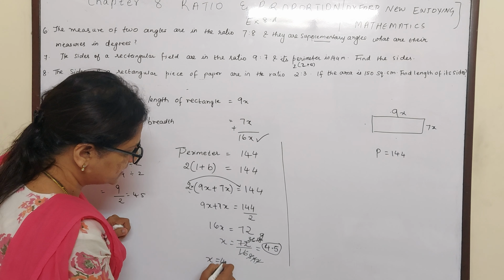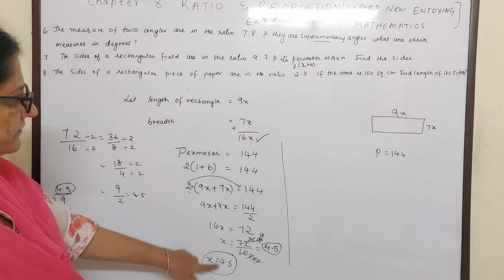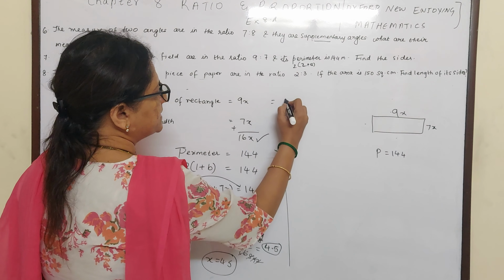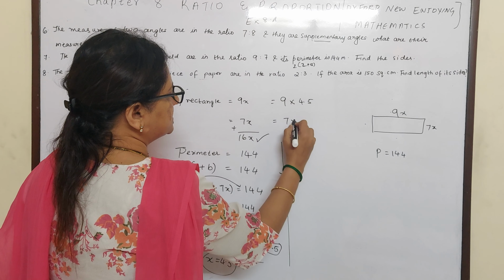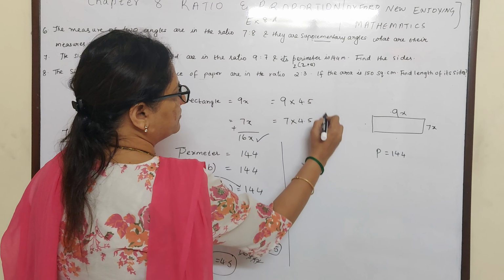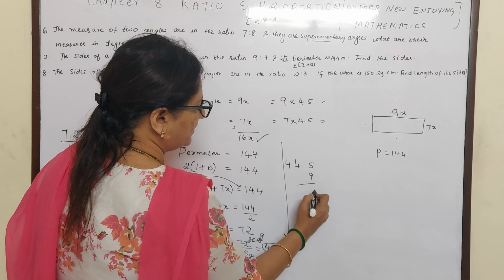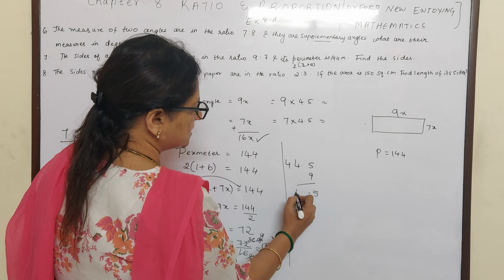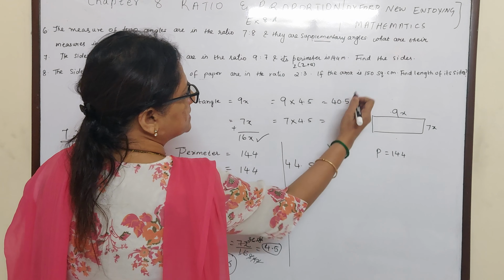So like the previous sum, you put the value of x in length, put the value of x in breadth, and get their sides. So now 9x means what? 9 into 4.5, and 7x means 7 into 4.5. So 4.5 into 9, 9 5s are 45, then decimal, 9 4s are 36, 36 plus 4 is 40.5 meter, because it is in meter.